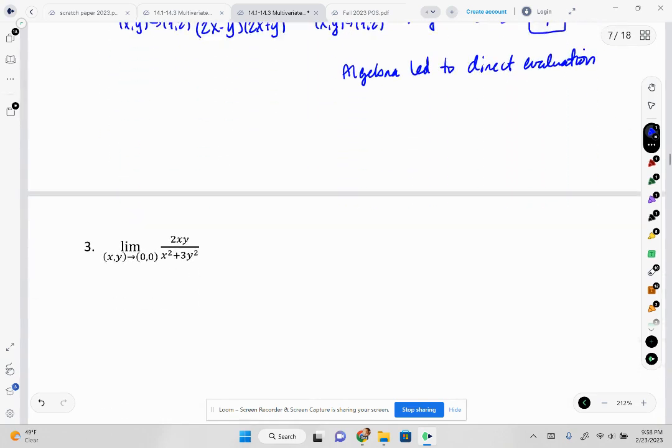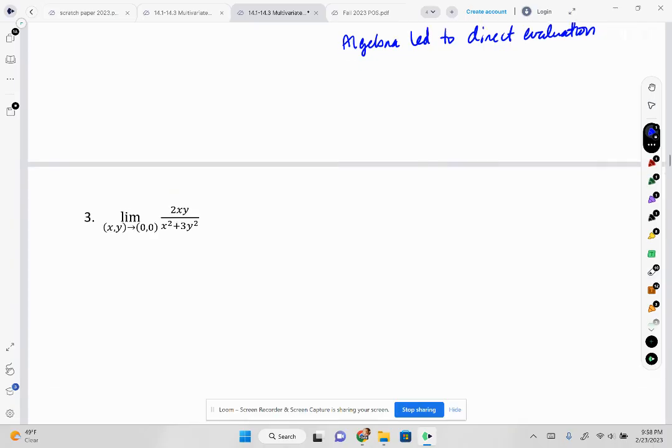All right, next problem. The limit as (x,y) approaches (0, 0) of 2xy over x squared plus 3y squared. Now, if I do direct evaluation here, I get 0 over 0. And again, I can't use L'Hopital's rule, so this is just indeterminate, and I have to find a new technique.